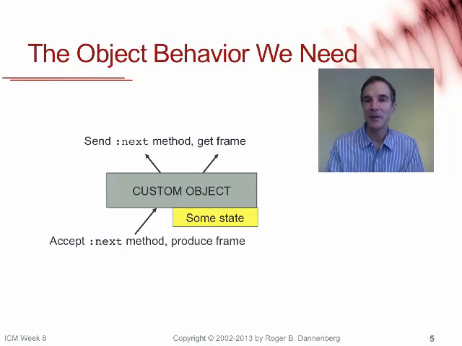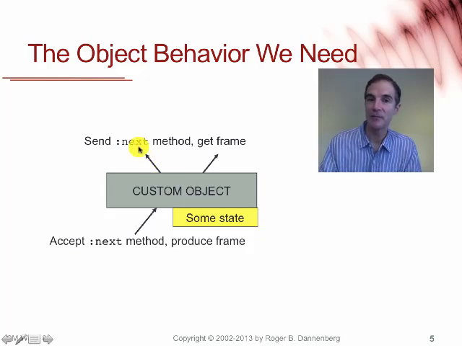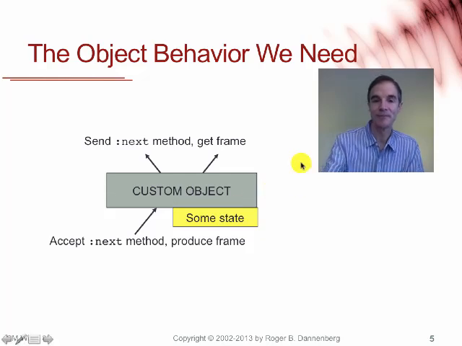The object behavior we need looks like this. We define a method called next, which produces a frame, and our objects in turn can invoke next methods on other objects to retrieve frames.